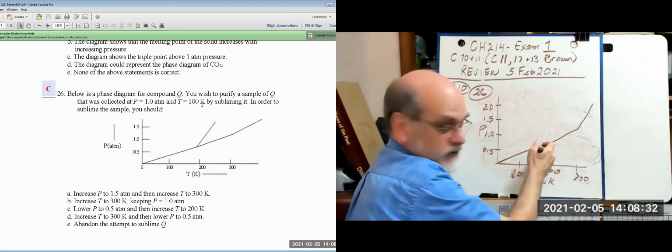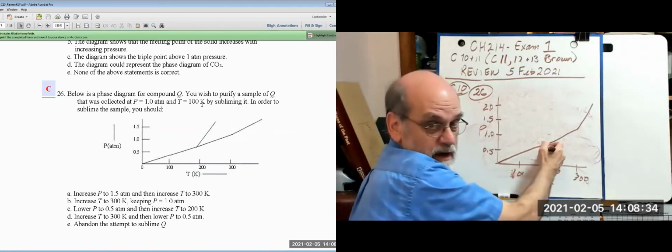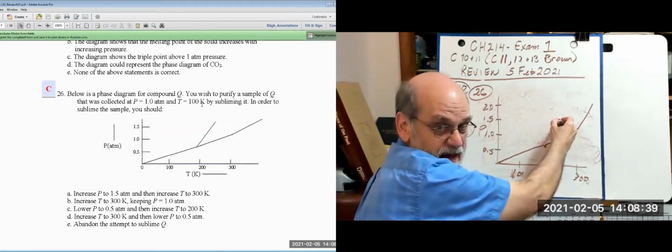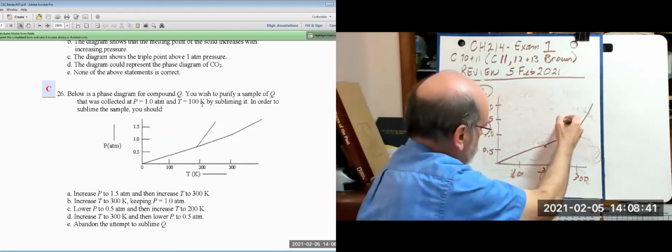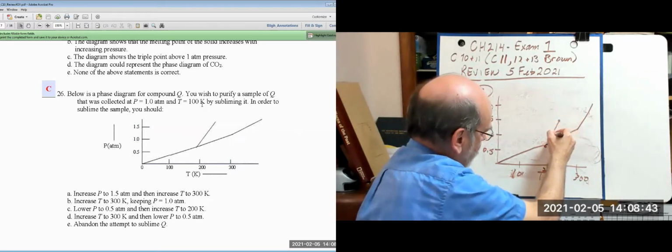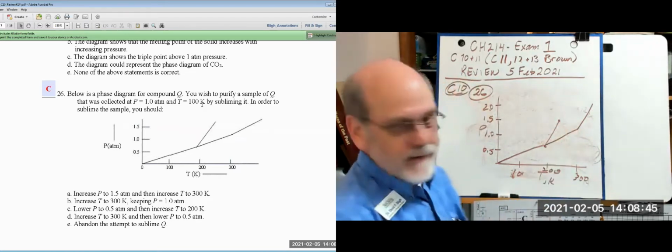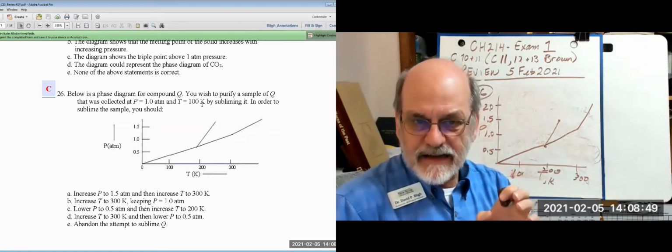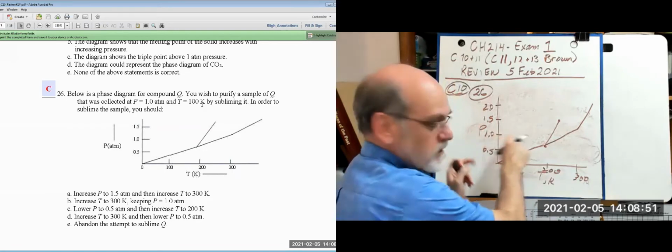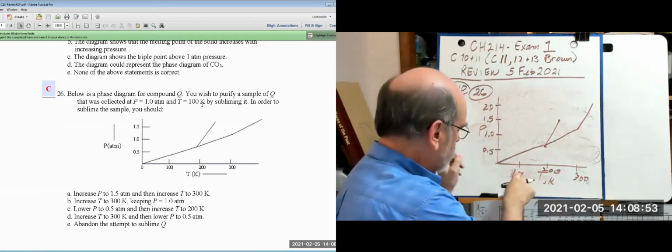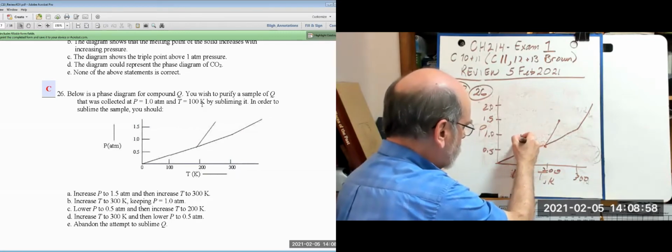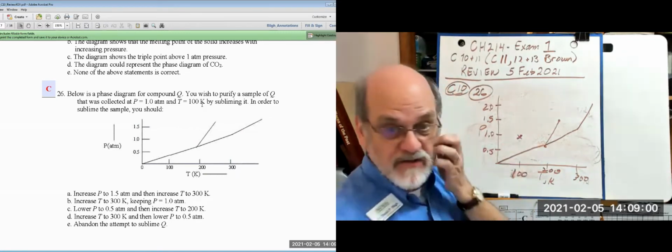Okay, now this one starts at here and goes up to 1.5 at roughly here. Okay, so now we're told that the Q was collected at 1 atmosphere pressure and 100 K. So it would be right here. That's our starting point.